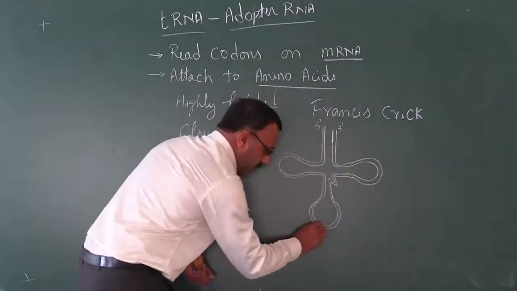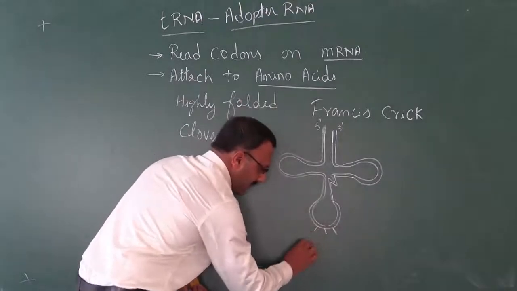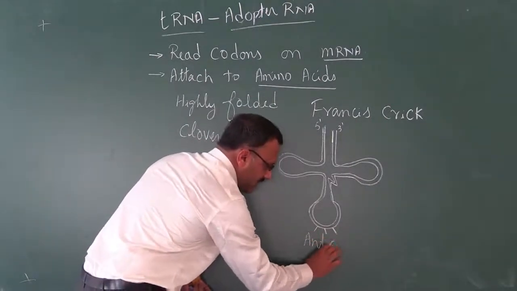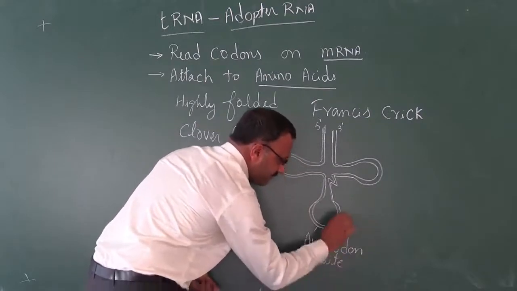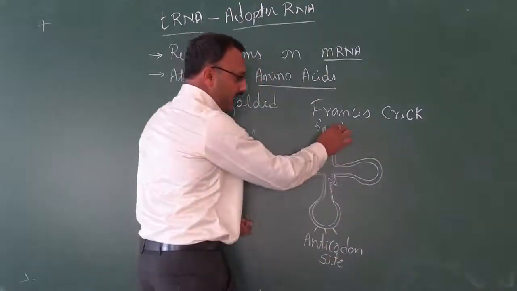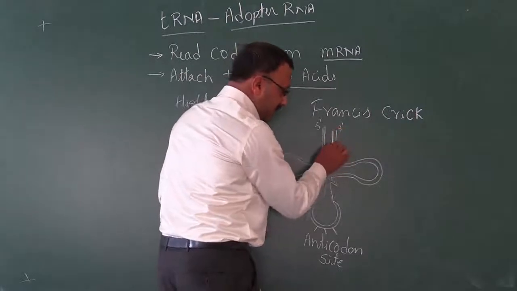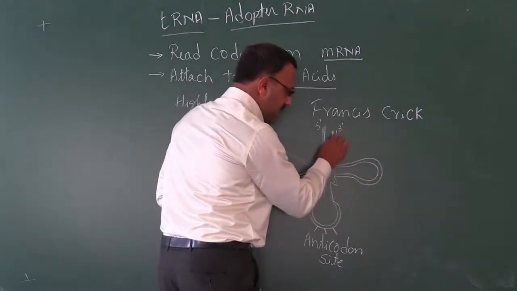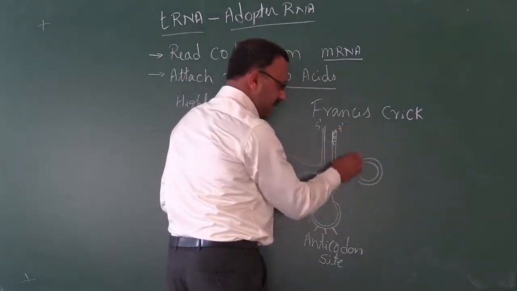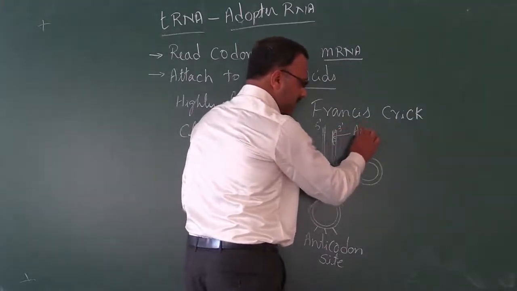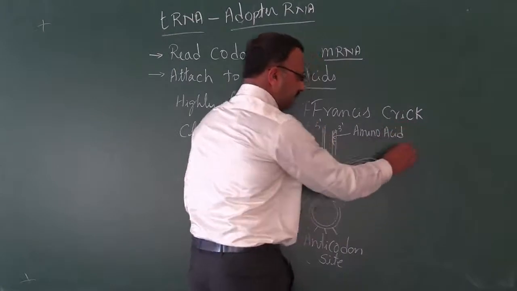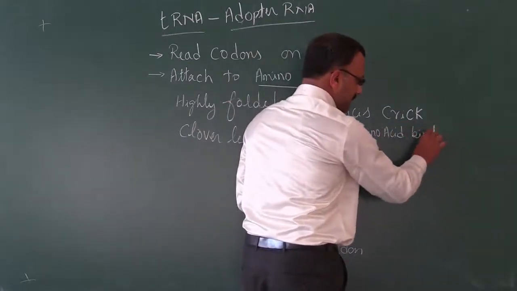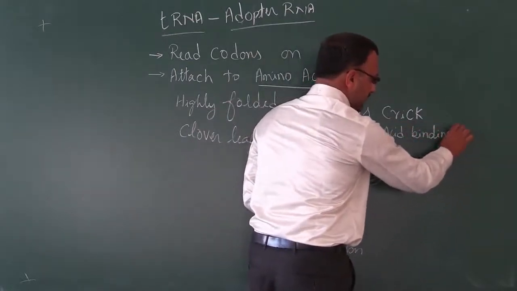There is one end called the anticodon site, and the 3' end, it is ending with CCA. This is called the amino acid binding site.